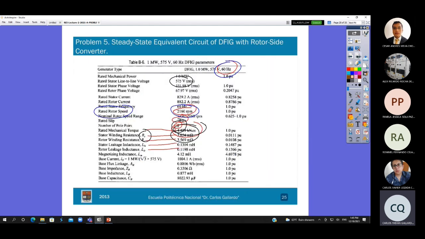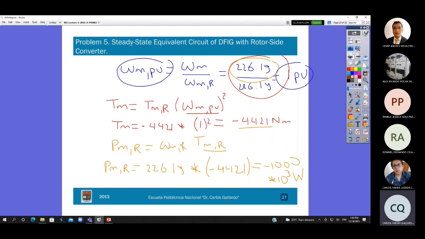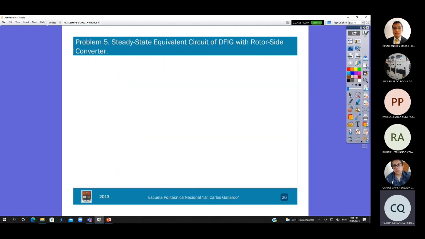From the previous class, we have already demonstrated that the magnetizing branch voltage is equal to the stator voltage, applying Kirchhoff voltage law, minus the stator current times the stator resistance plus j times the stator speed times the stator leakage inductance.